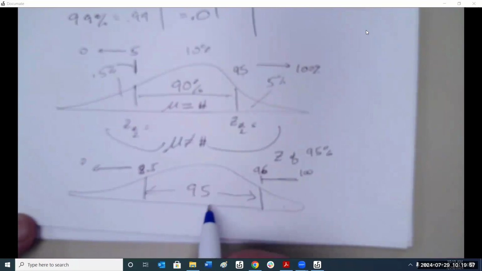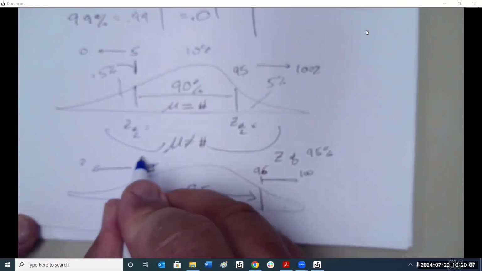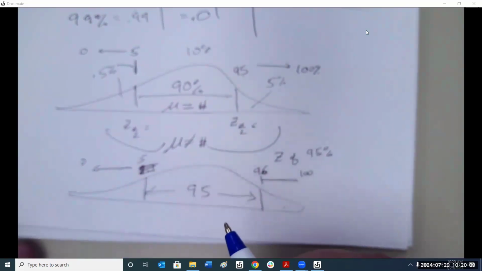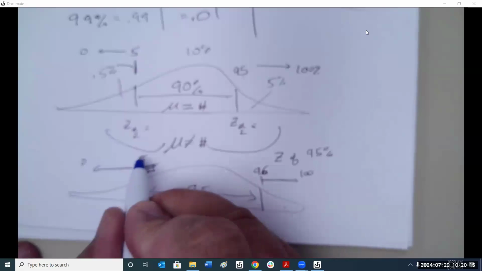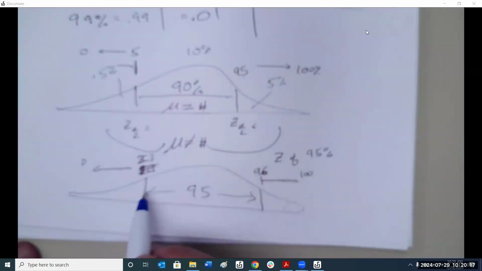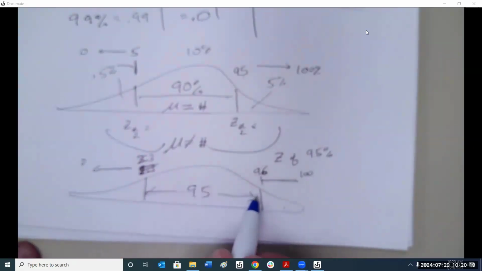So start at 0 and add your first 2.5. Our 95% has to be here.